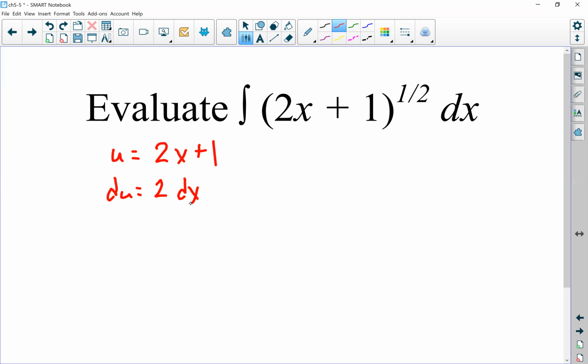And we have a problem. I have the dx, but I don't have that 2. As long as it's a constant value, I can deal with that. What I'm going to do is solve that expression du equals 2 dx for dx. I'll divide both sides by 2 or multiply by 1/2.